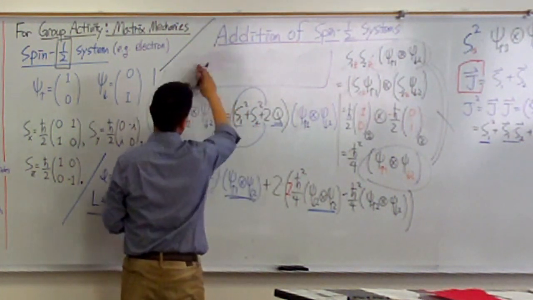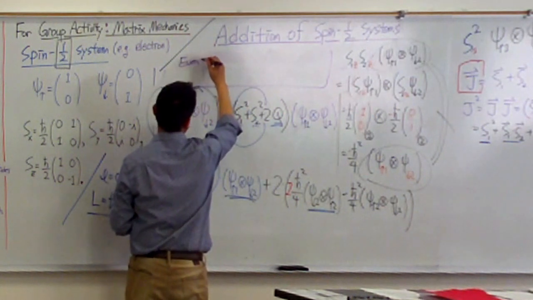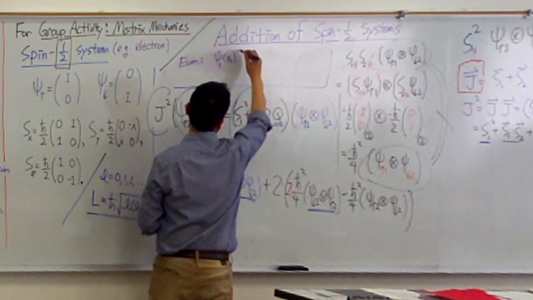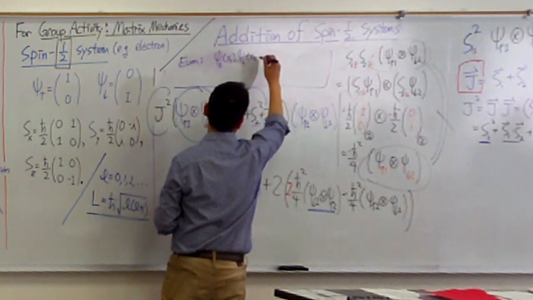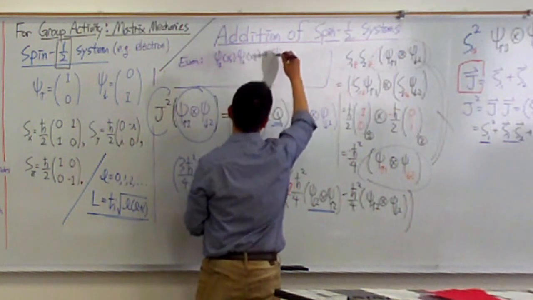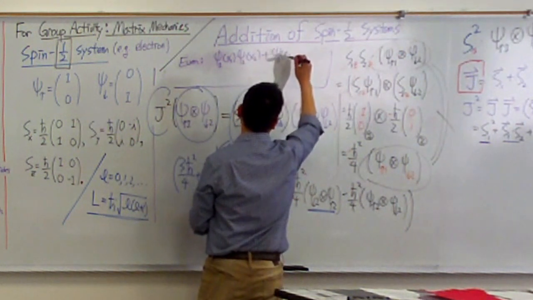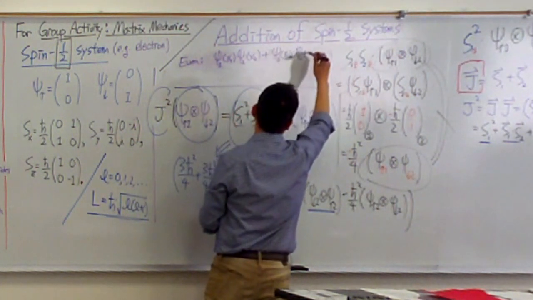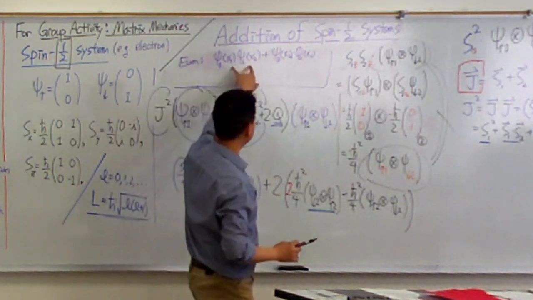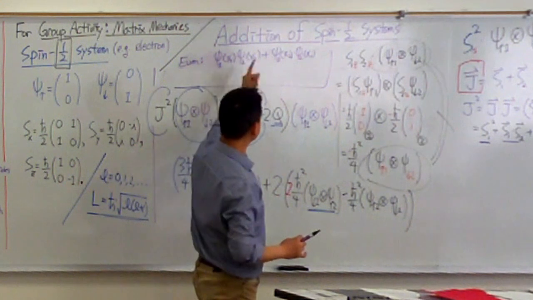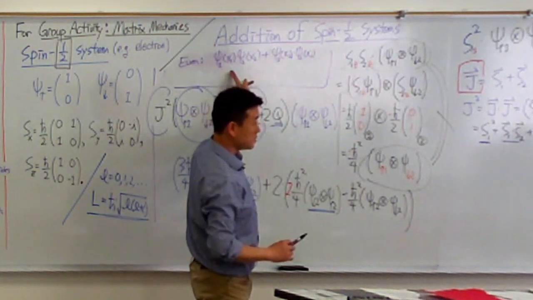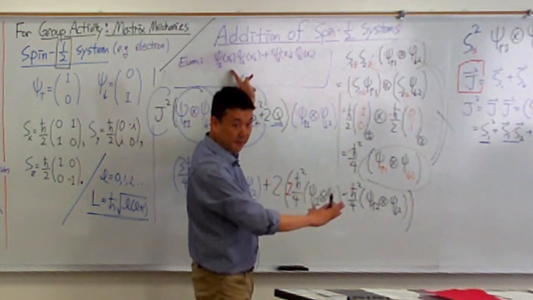The even state that we built looked like this: psi 1, x1, psi 2, x2, multiplied, just regular algebra multiplication, plus psi 1, x2 times psi 2, x1. So with the particle exchange operation, when you swap these two, this becomes that, and that becomes this. So you get the same state back.